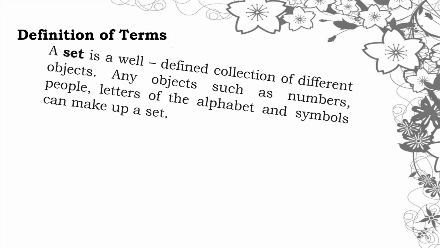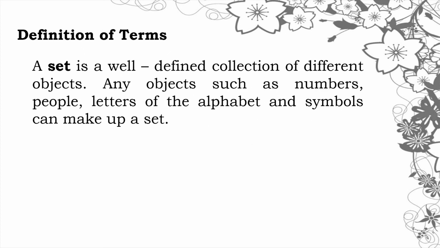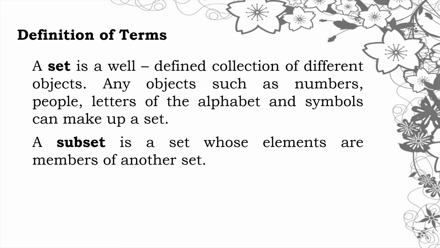Let's analyze the definition of terms that we have. The first term is a set. A set is a well-defined collection of different objects. Any objects such as numbers, people, letters of the alphabet, and symbols can make up a set. Next term is a subset.